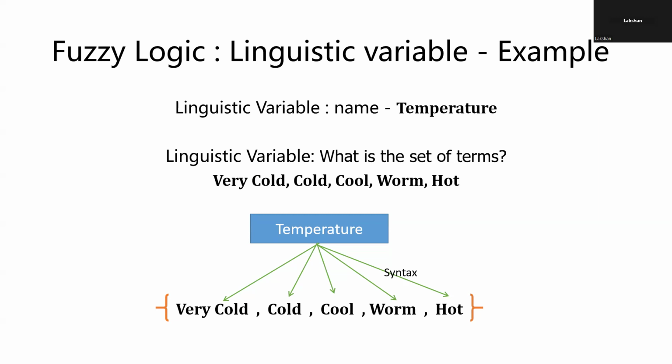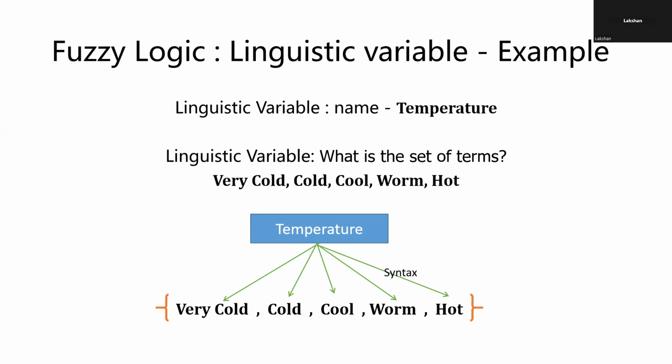Then we have the set of terms. That is how we describe this, whether it is very cold, cool, warm, or hot. So we have six terms here, describing how the temperature feels.